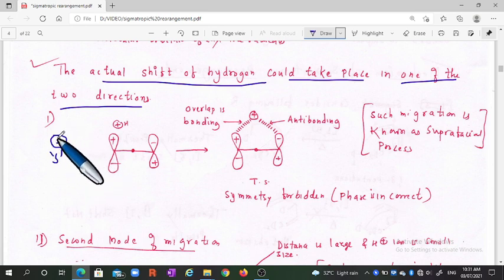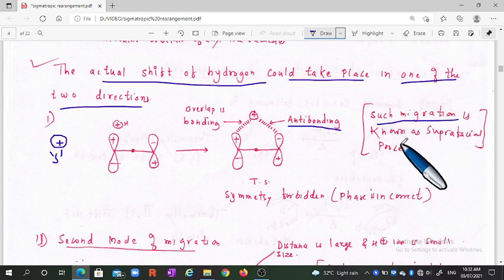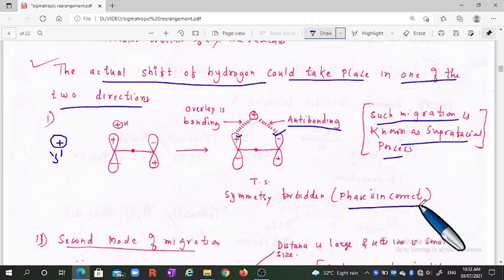So from this positive it will try to migrate to that negative one, but positive with negative gives antibonding. Positive with positive is bonding, but positive with negative is not bonding. Such migration is known as suprafacial migration: from this phase it migrates to the same phase. But this reaction is symmetry forbidden because the phase is incorrect.